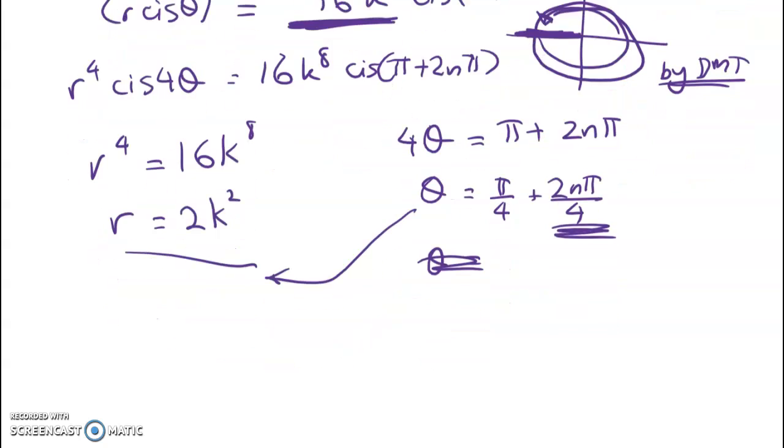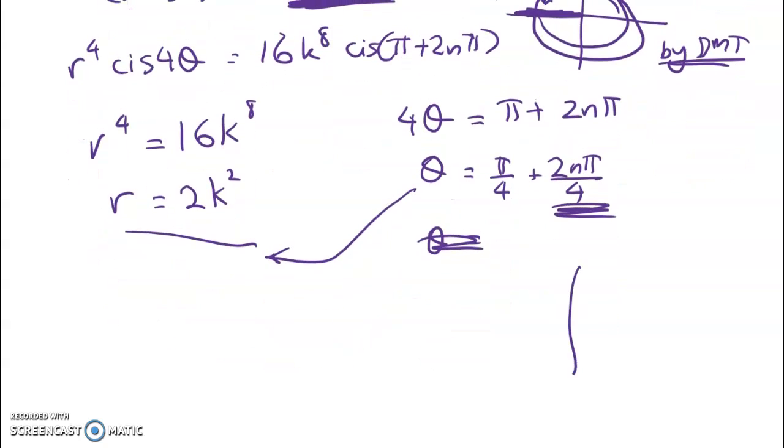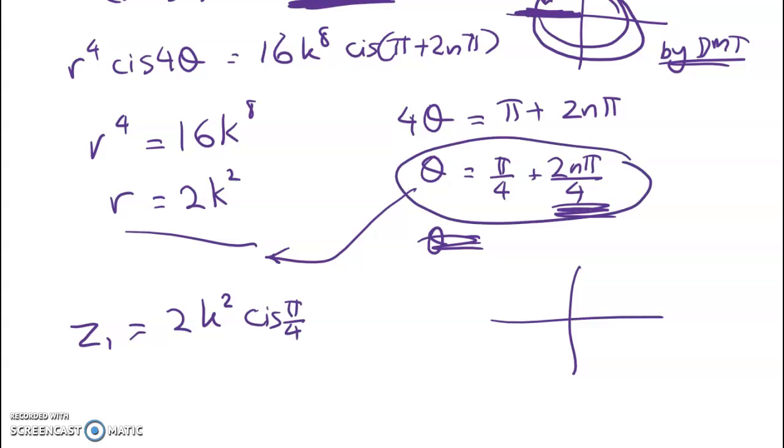I'm going to have 4 solutions here and they're going to be evenly spaced around the circle. So z1 is 2k squared cis pi on 4. I'm getting that by sticking n equals 0 in there. z2 is what I get when I have n equal to 1. So I'm going to have pi on 4 here plus 2 pi on 4 here.